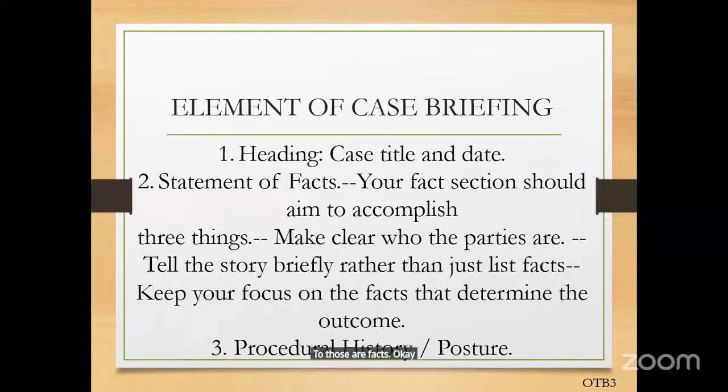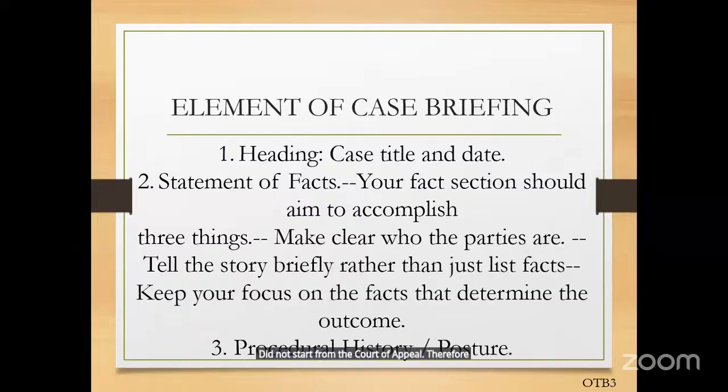Okay, so the second part, like we mentioned, is the statement of fact. The third one is what we call the procedural history. You need to know that sometimes a case that is before the Court of Appeal, for example, did not start from the Court of Appeal.